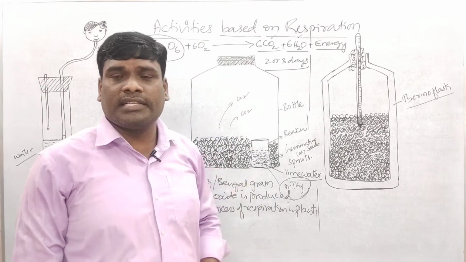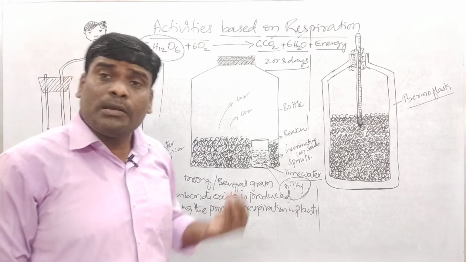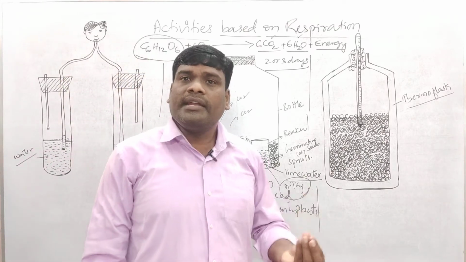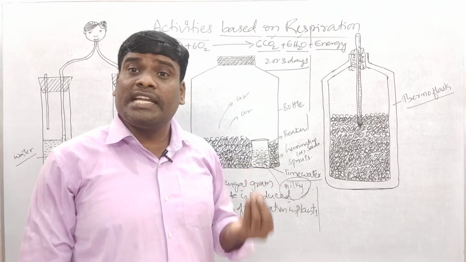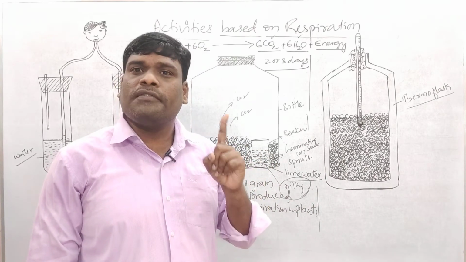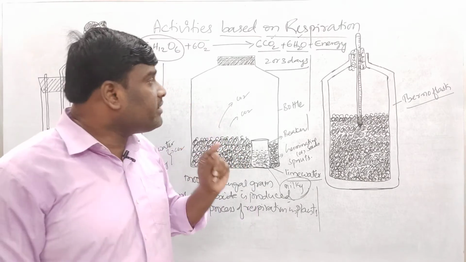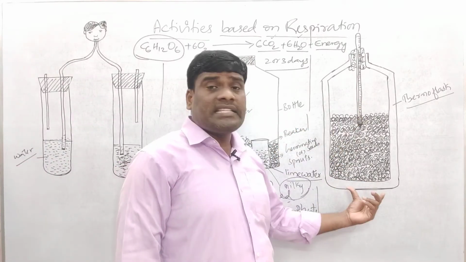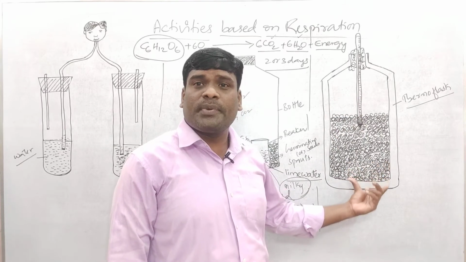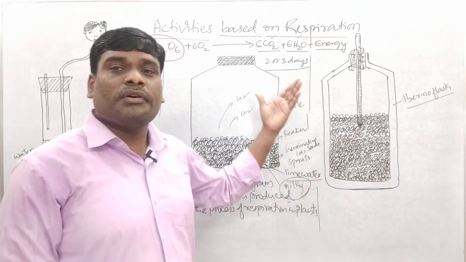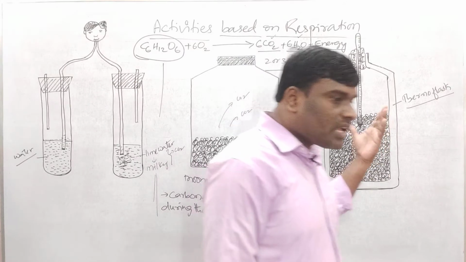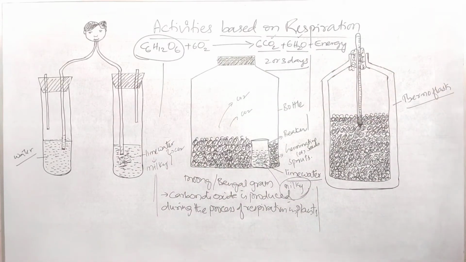In all the organisms. In a similar way, even in plants also, children, heat energy is liberated. That means heat is liberated during the process of respiration. So in order to prove whether really the heat is liberated during the process of respiration in plants or not, we need to take, children, one thermoflask here.